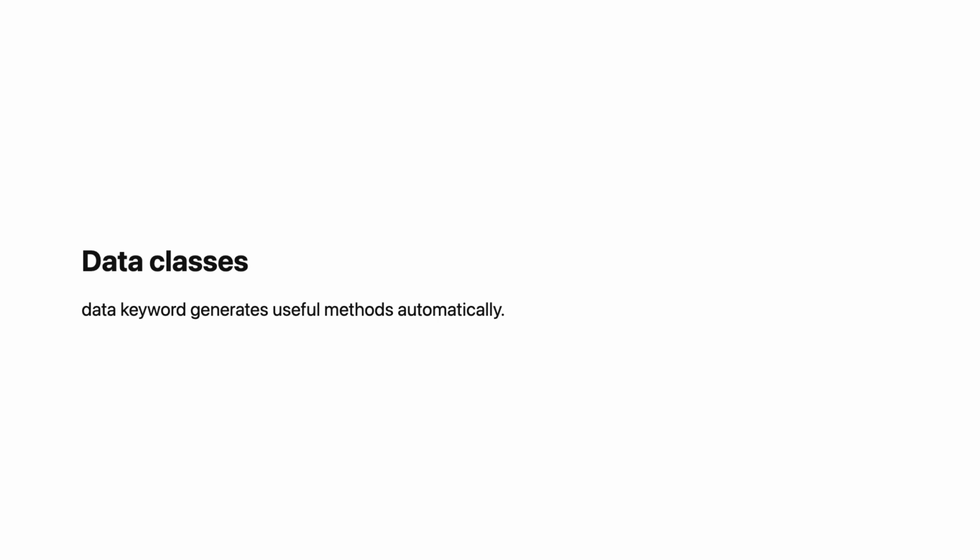Many classes are just containers for data. Kotlin has a special form for these. Data class Person with val name String and val age Int. The data keyword generates useful methods automatically. Equals compares all properties. Two persons with the same name and age are equal. Hash code is consistent with equals.